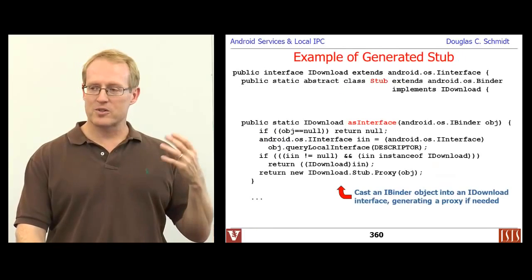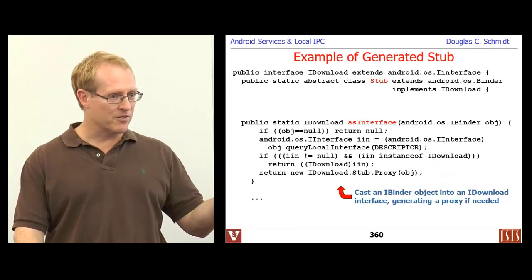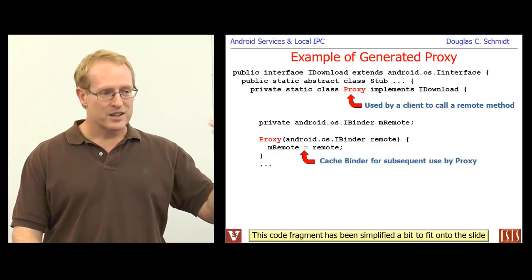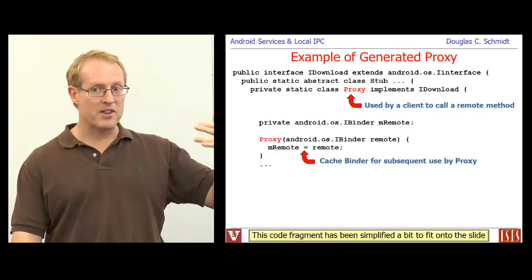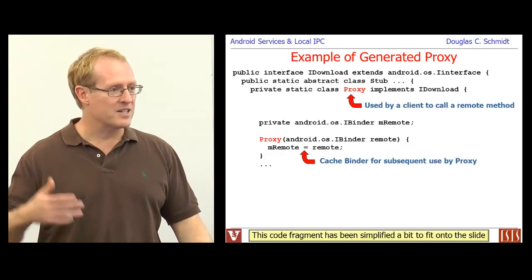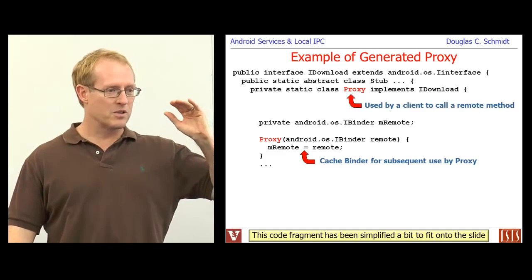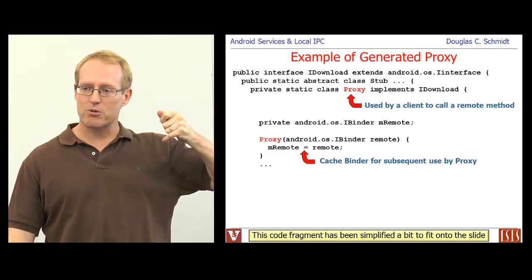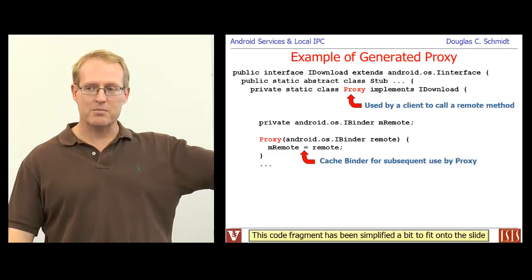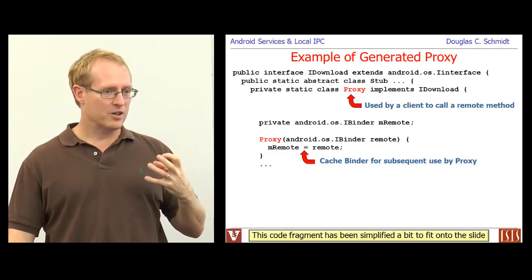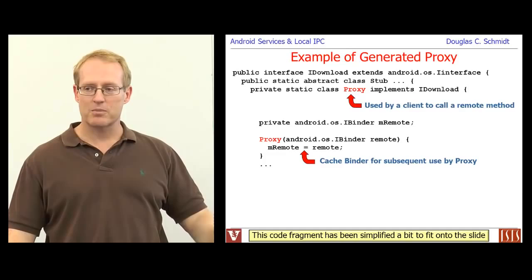It has a way of taking an IBinder and turning it back into an interface. As part of that process, it may have to create a proxy. The proxy is an object that has a method with the same name as the receiver, but when it's invoked, it doesn't do the work. It marshals the parameters, calls this transact method to pass them over, and then when it comes back, it takes the return value and cracks it open and returns it to something that's expected by the caller.